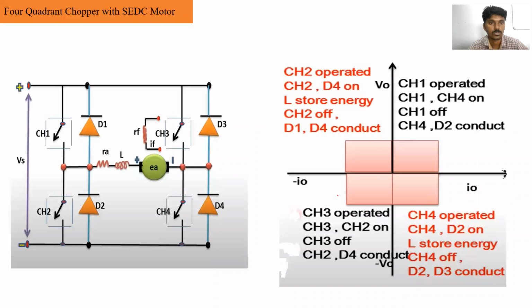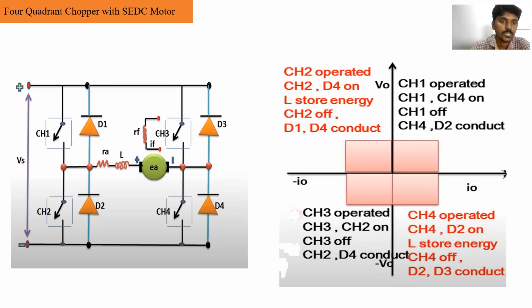Now let's go to the 4-quadrant chopper with a separately excited DC motor. Here, for the motor you can draw any one, shunt motor or series motor, whatever.